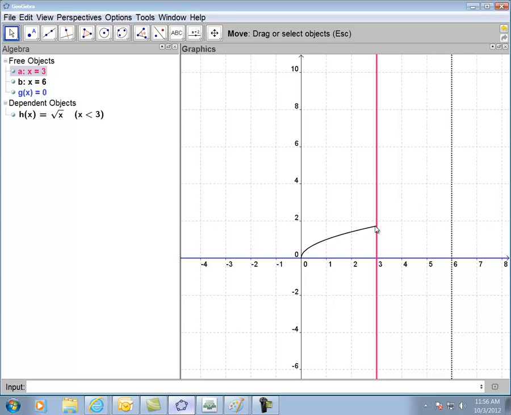Up here it is square root of 3, down here it is 1, because when x is 1, this is square root of 1, which is 1. So this changes according to my function, y equals square root of x. And my function is from 0 to 3, so that's what I'm going to integrate.